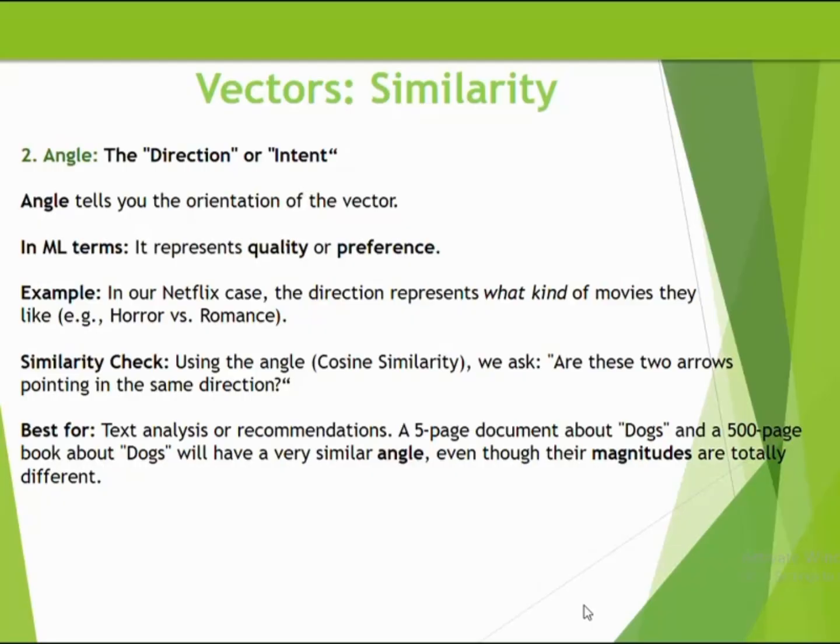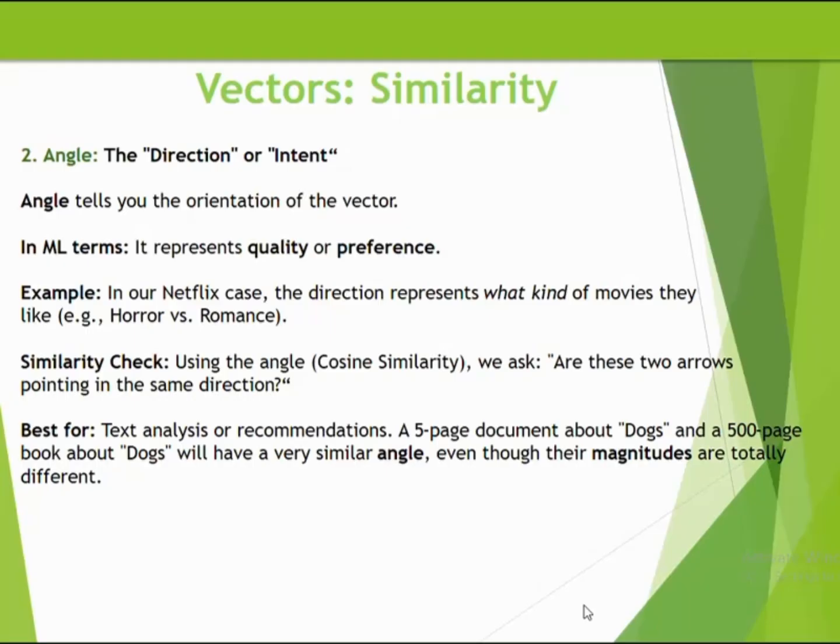Again, if we take the Netflix example, the direction represents what kind of movies a user likes. Let us say I am very much interested in horror. Someone else will be interested in the romance genre or maybe the comedy genre. So this is an example of a similarity check based on the angle, and it is done using the cosine similarity.